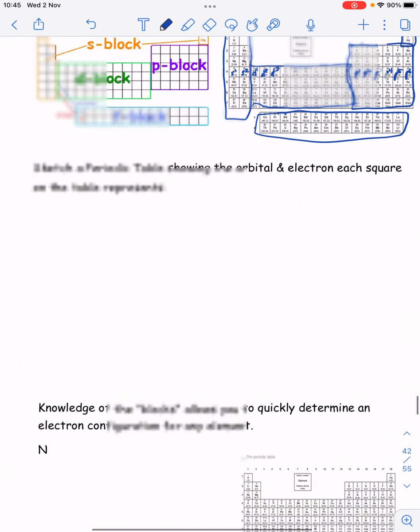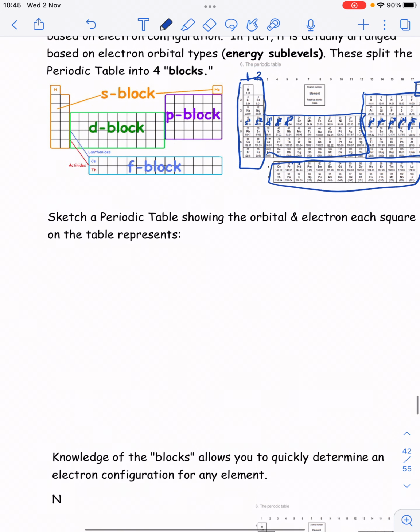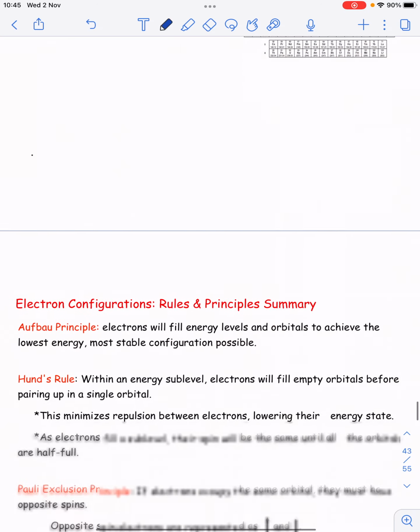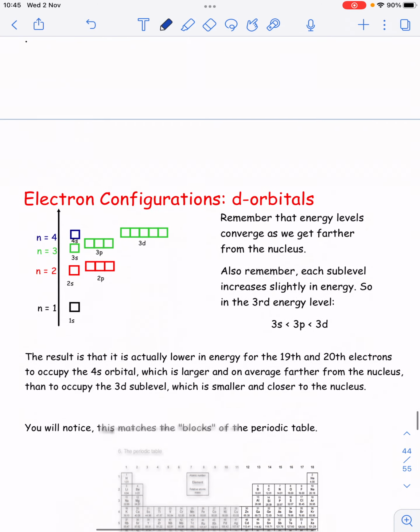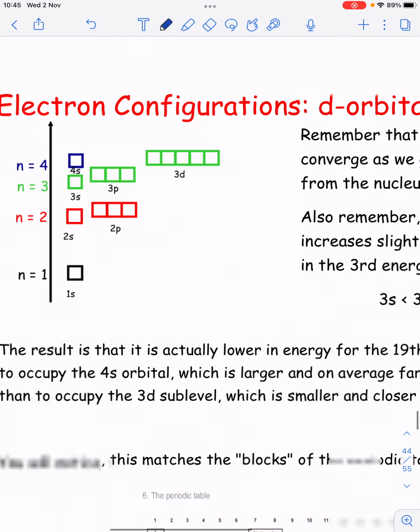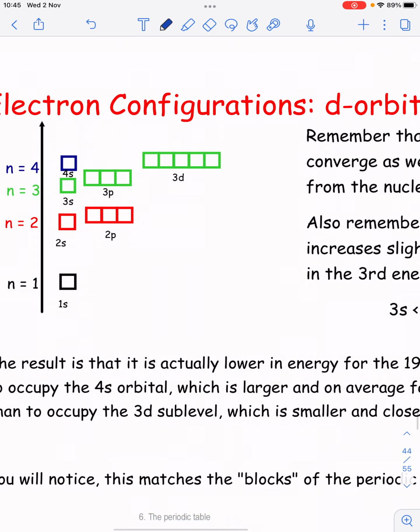Okay, the one trick to remember about the Ds, and this is the weird bit for Ds, is that these energy levels, we know they're converging as we go to higher energy levels. And so what actually happens is that for atoms, it ends up being lower energy for electrons to occupy the 4s orbital before they occupy the 3d orbital. So we knew that the 3d orbitals can exist.